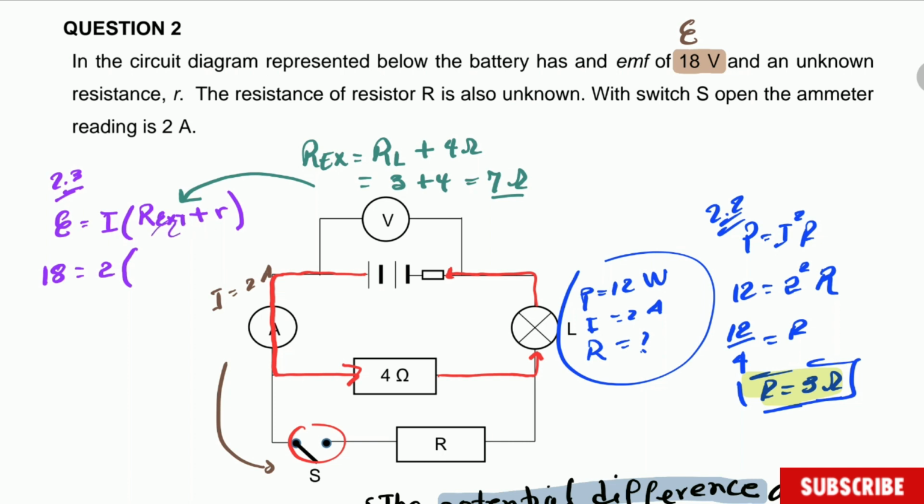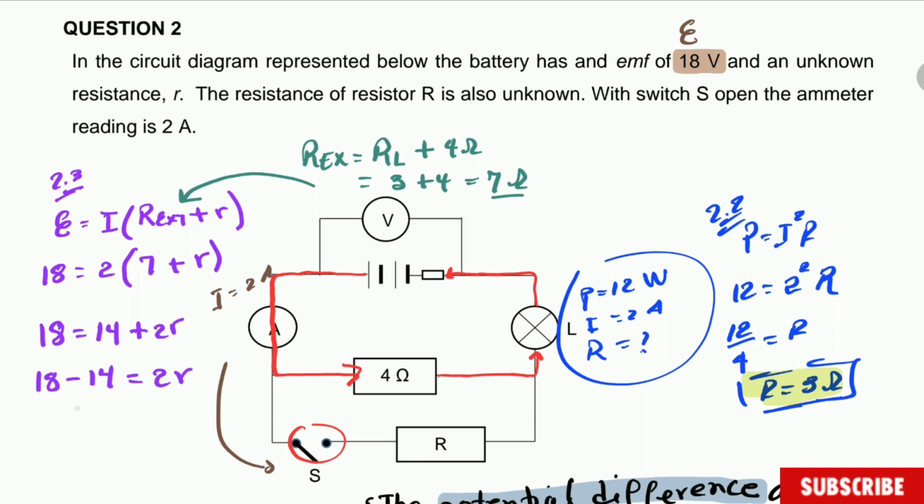So when you substitute here, you get 7 plus small r, because you don't know it. Guys, this is simple math. So let's do it anyway. 18 is equal to 2 times 7 is 14 plus 2 times r is 2r. So now when you rearrange this one, you have 18 minus 14 equal to 2r.